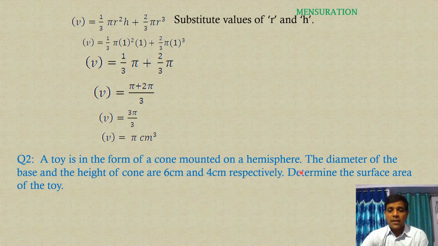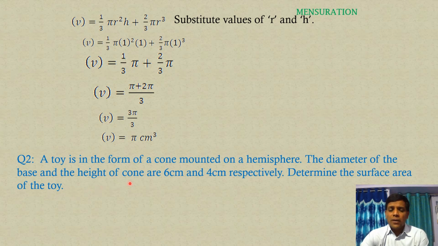Like the first question, the diameter of the base and height of the cone are 6 centimeters and 4 centimeters. Diameter equals 6 centimeters and height of cone is 4 centimeters. Determine the surface area of the toy.